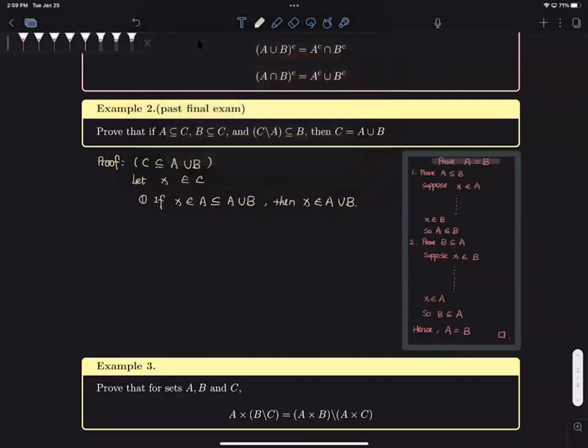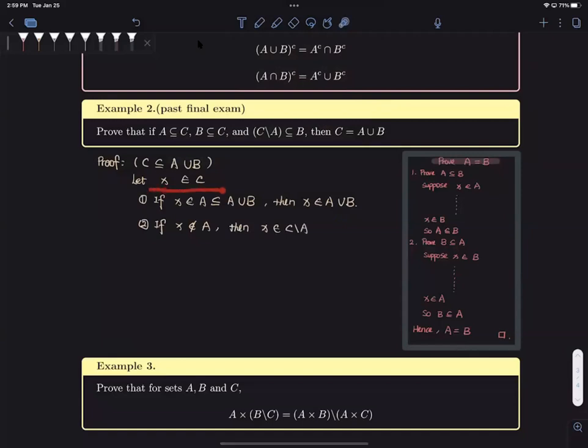Because your X can either be in A or not in A. If it's not in A, then X is in C minus A. Why?